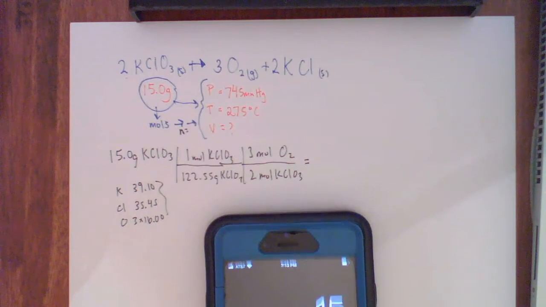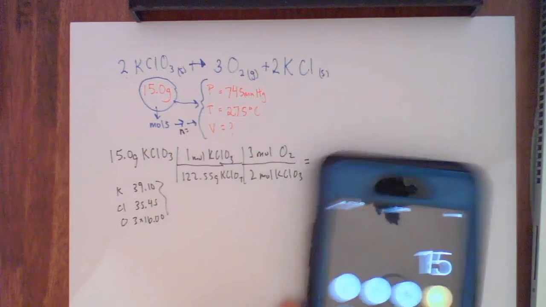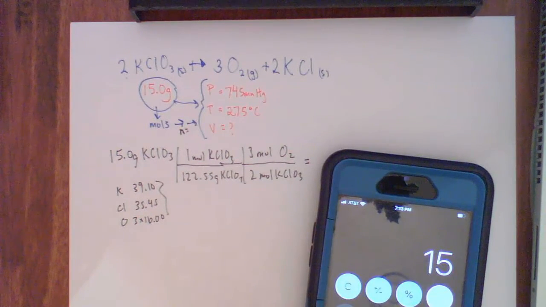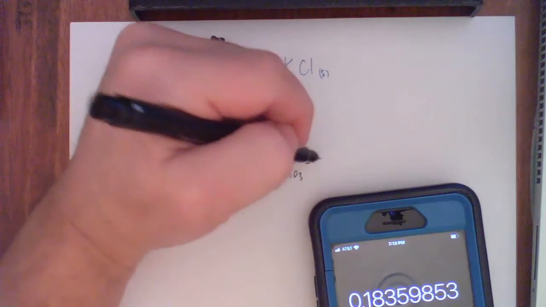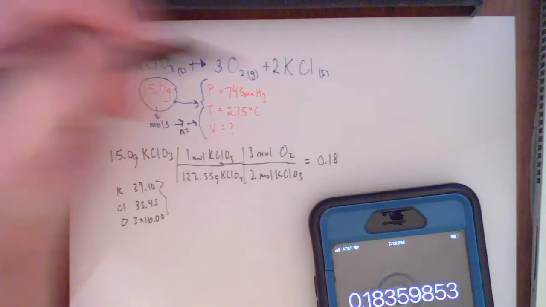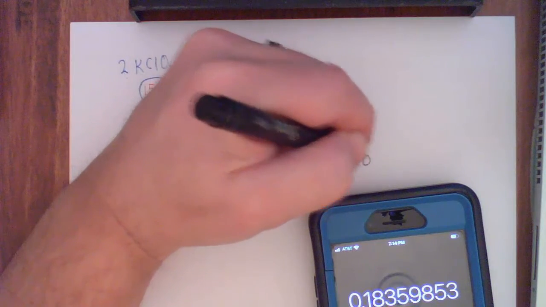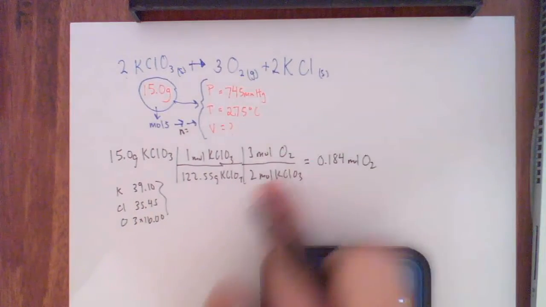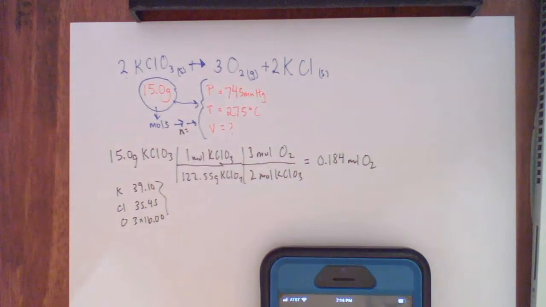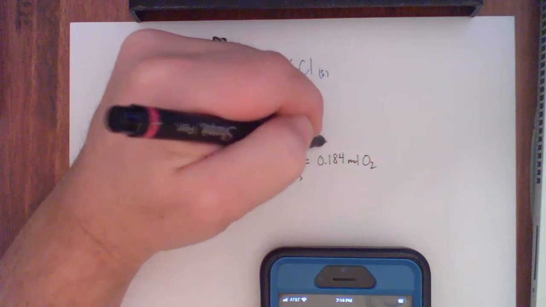So 15 divided by 122.55 times 3 divided by 2 comes out to be 0.184 moles of O2. So now I really know my moles of O2.